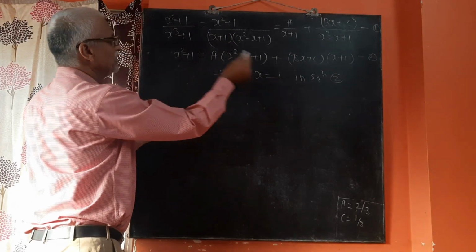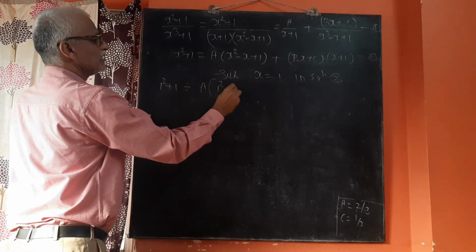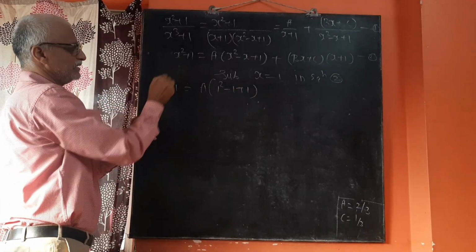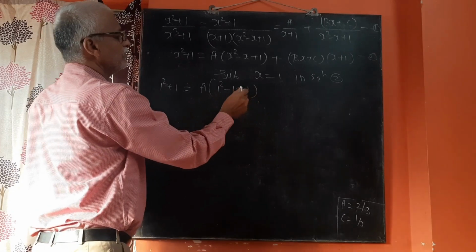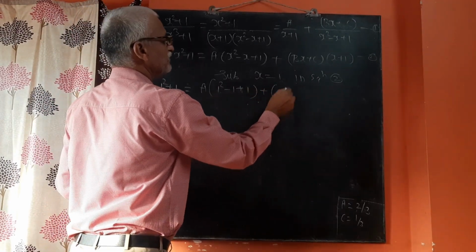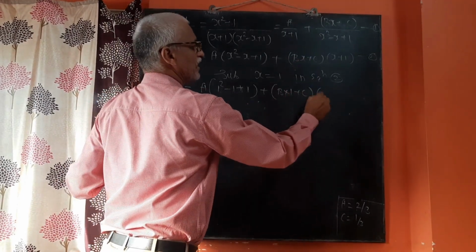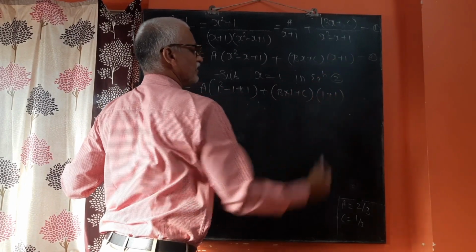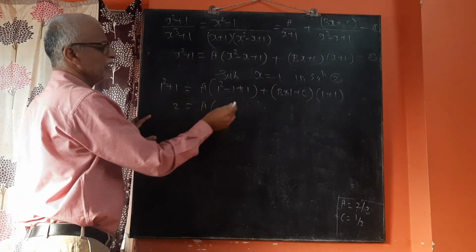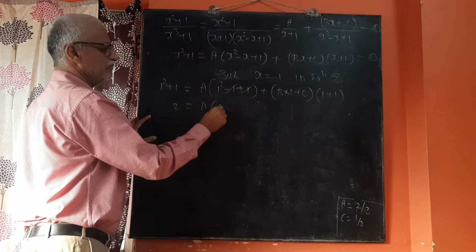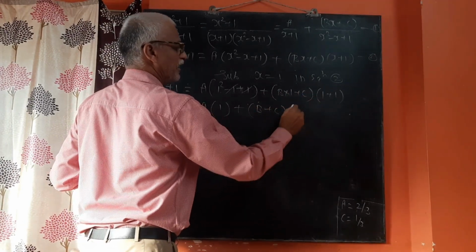If you substitute x equals 1 in equation 2, this will be 1 square plus 1 equals a into 1 square minus 1 plus 1, plus in bracket b into 1 plus c into x plus 1, that means 1 plus 1. 1 square is 1, 1 plus 1, that is 2, is equal to a into this minus 1 plus 1 gets cancelled, that means 1 only, plus b into 1, that is b, plus c into 1 plus 1 is 2.